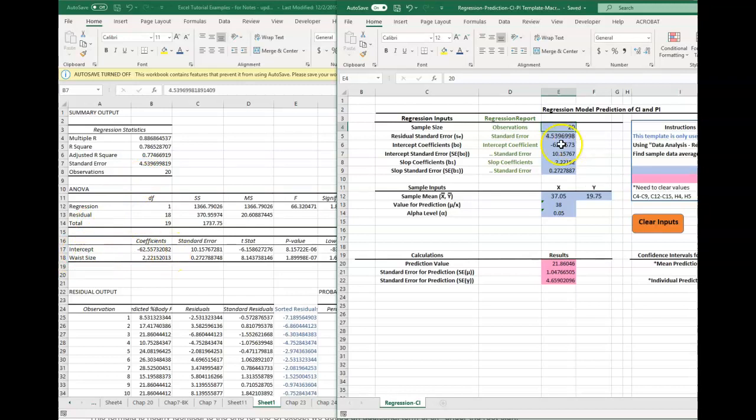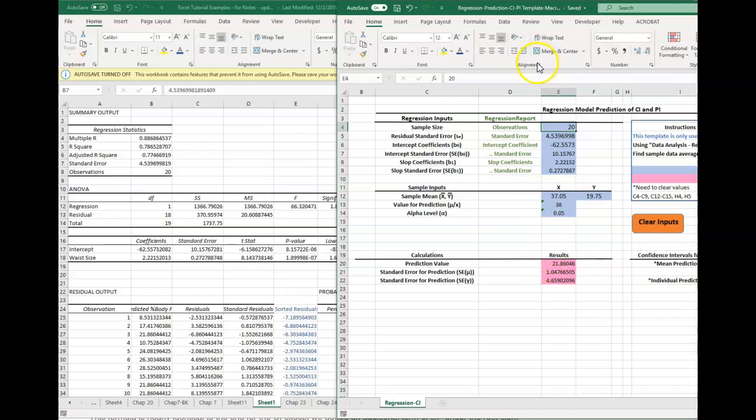62.557, and then the intercept standard error is 10.15767. The width size, the B1 slope coefficient, is 2.22152, and the standard error is 0.2727887. And then these two values we need to input.